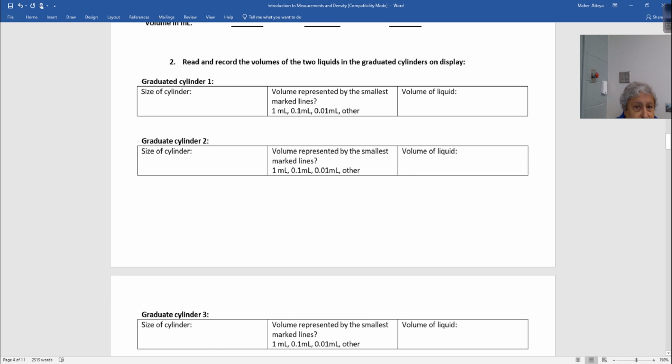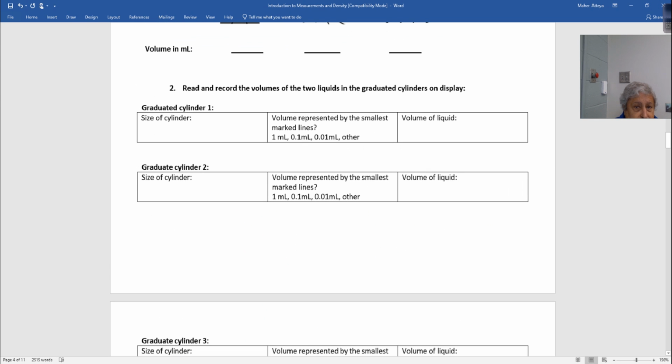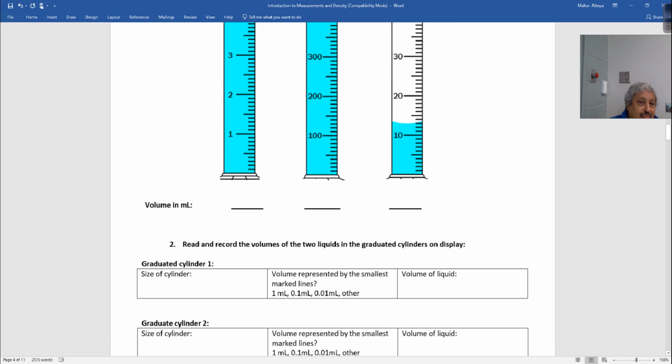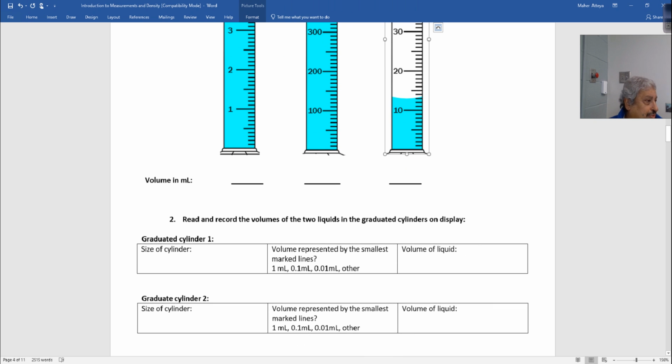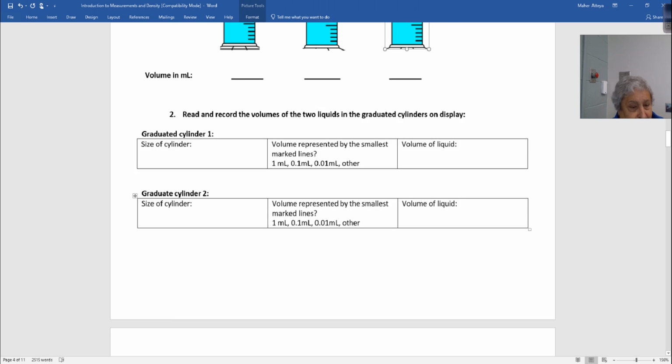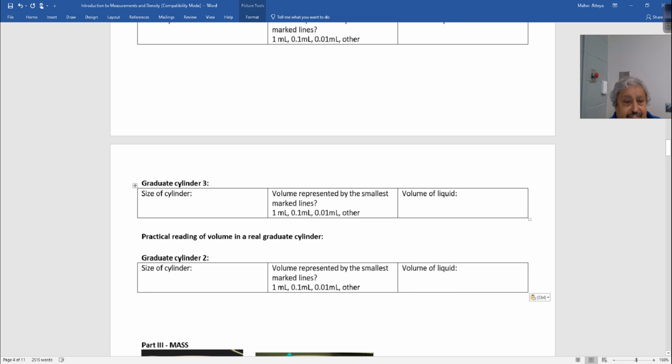Number 2, read and record the volumes of the 2 liquids present on display. I thought that was what we were going to do. No, but the problem is graduated cylinder 1 is this one here. Graduated cylinder 2 is this. Those are the theoretical ones. I did not write those lab reports. Somebody else had written them, so I apologize, but at least those are the 3 theoretical ones.